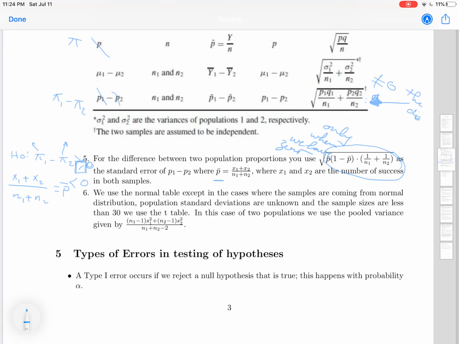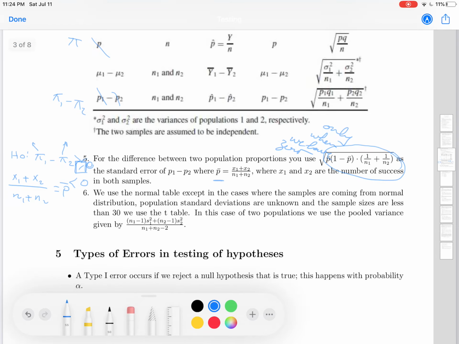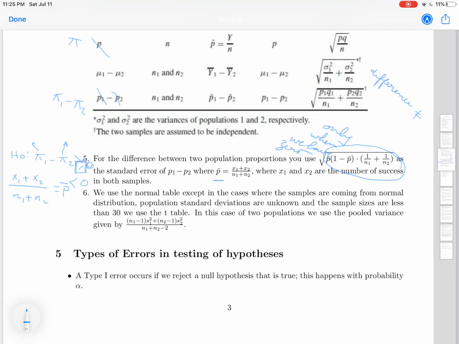And this is only going to be used when we are assuming that the difference is greater than or equal to 0. If it's not 0, then we're going to use this one. So this is only when we have 0 as the value of the difference, not when the difference is not equal to 0.